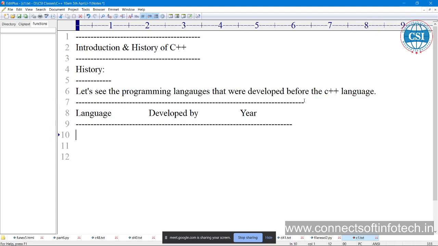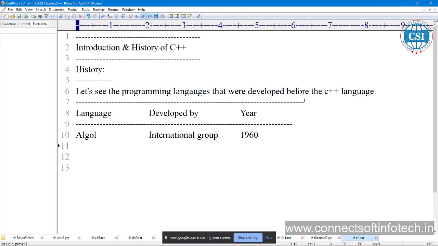Now the first is Algol. Do you know the first language? Algol, from algorithm. It started around 1960. It is not a programming language as such, but a step by step procedure to solve a complex problem, that is an algorithm. It was developed by an international group in 1960.